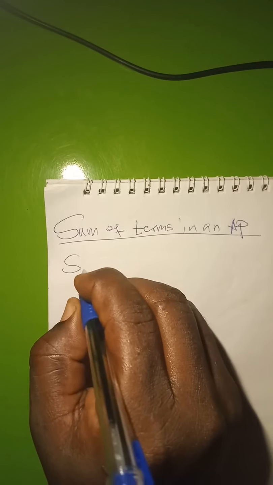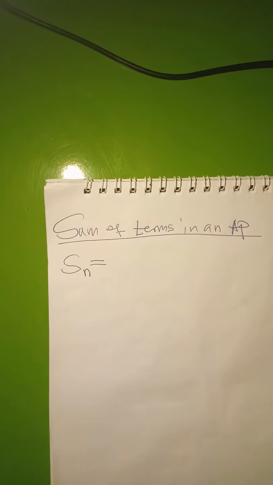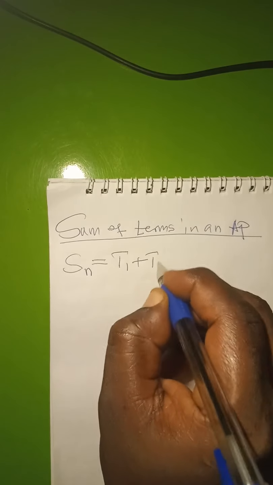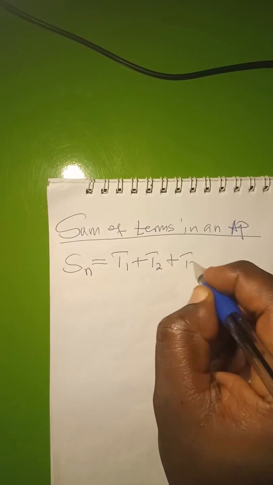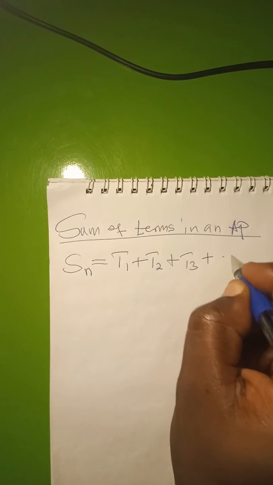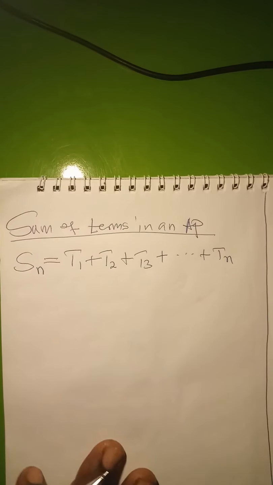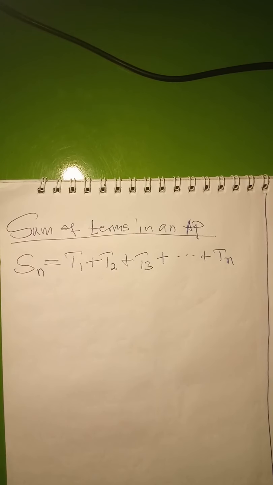For this AP, we are going to set up intuitively the formula for the sum of its terms. First, remember that the sum of terms in an AP is denoted Sn, which is equal to the first term T1 plus the second term T2 plus the third term T3, plus continuously up to the nth term, which we denote by Tn. This produces the sum of terms in an AP.